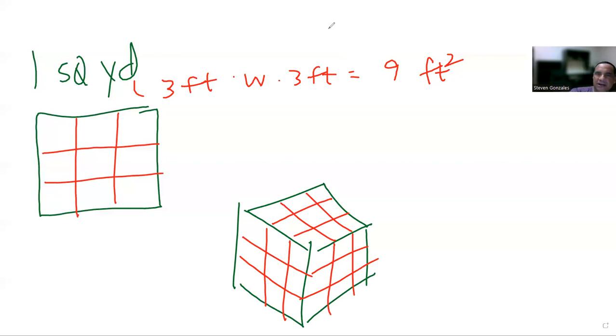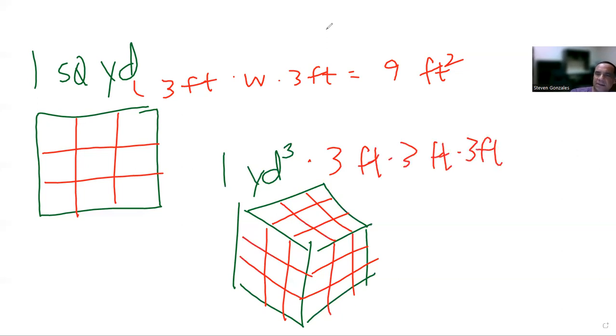But what you had to do is take the 1 cubic yard and multiply by 3 feet times 3 feet times 3 feet. So that's going to help you explain why you have to multiply twice to convert square units to square units, and multiply 3 times for cubics.